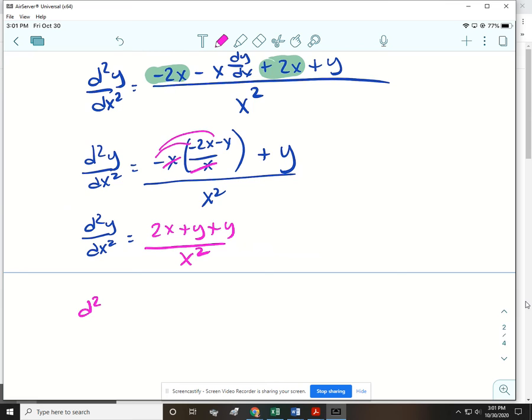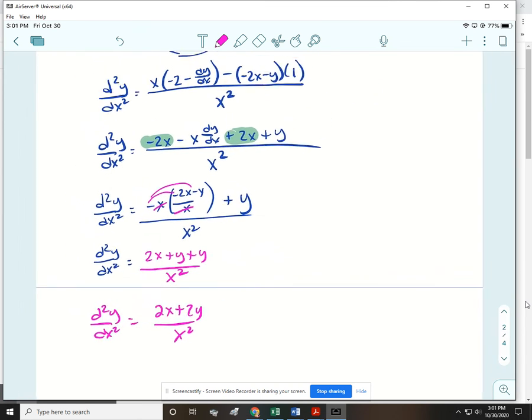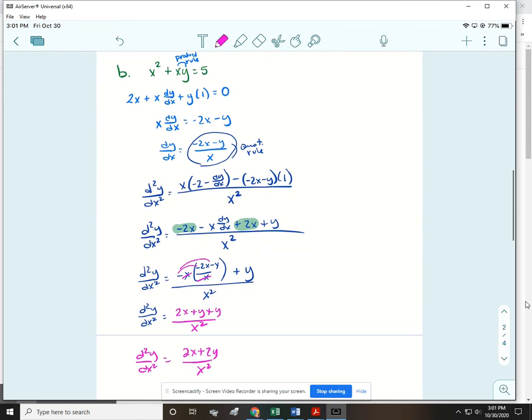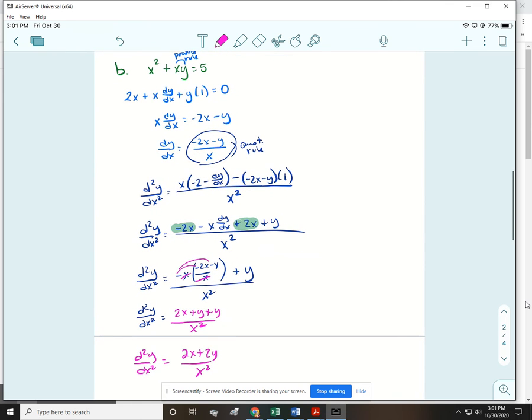Right, and then my second derivative should be 2x plus 2y over x squared. Okay, so I'm going to zoom out again so I can look at the original problem. My original problem was x squared plus xy equals 5, and that doesn't match up with any part of my second derivative really. So we're done. That is the second derivative.